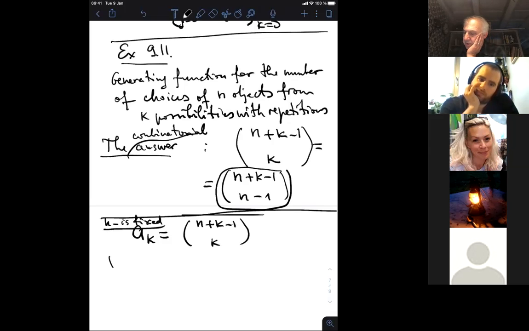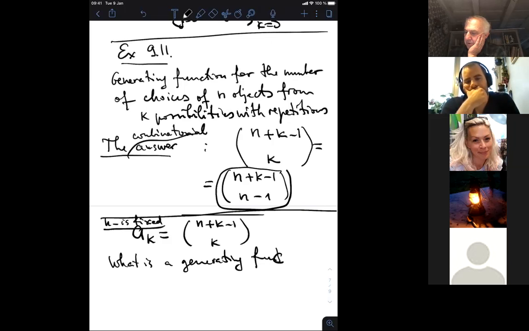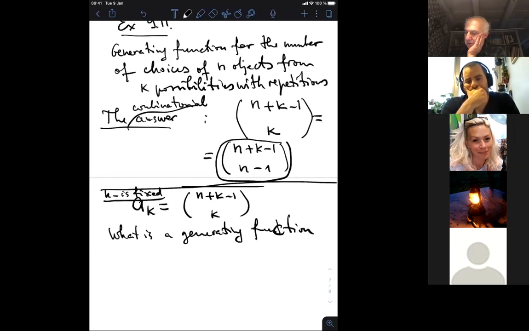So what is a generating function for this number of choices with repetitions? So our series would be, the first one would be 1.